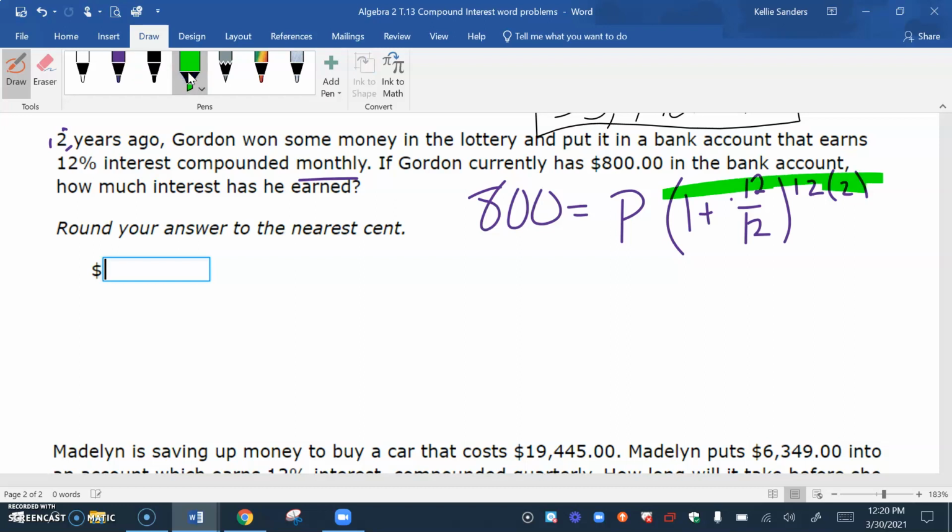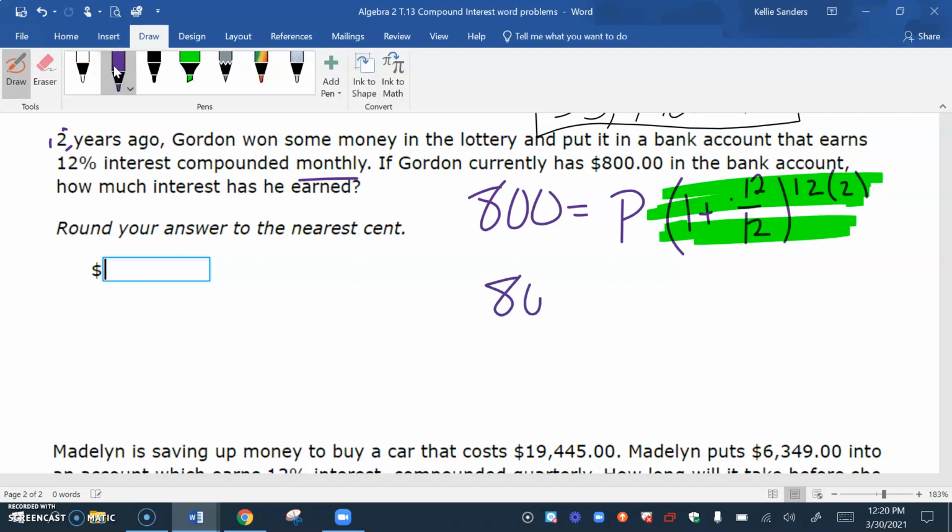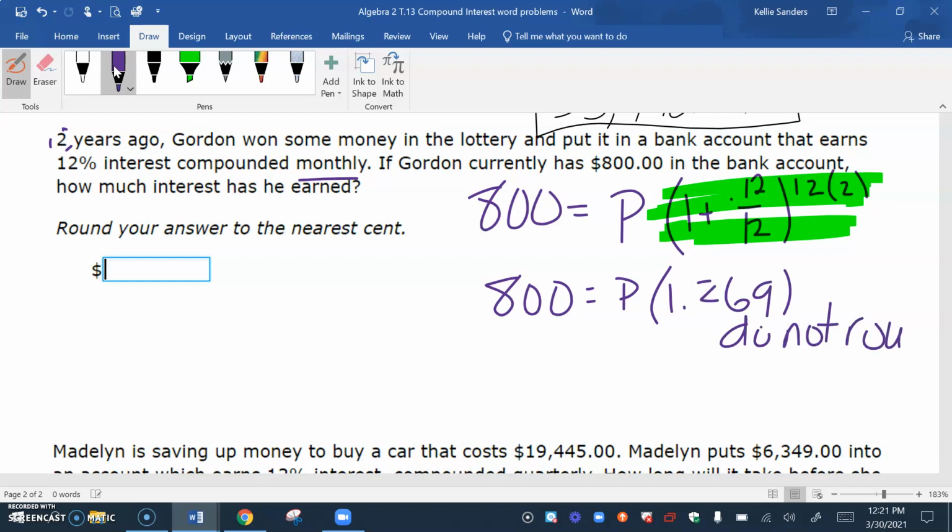So again, I'm going to put this in the calculator. 1.269. Again, do not round. We're going to put this in the calculator. So 800 divided by second negative sign equals.